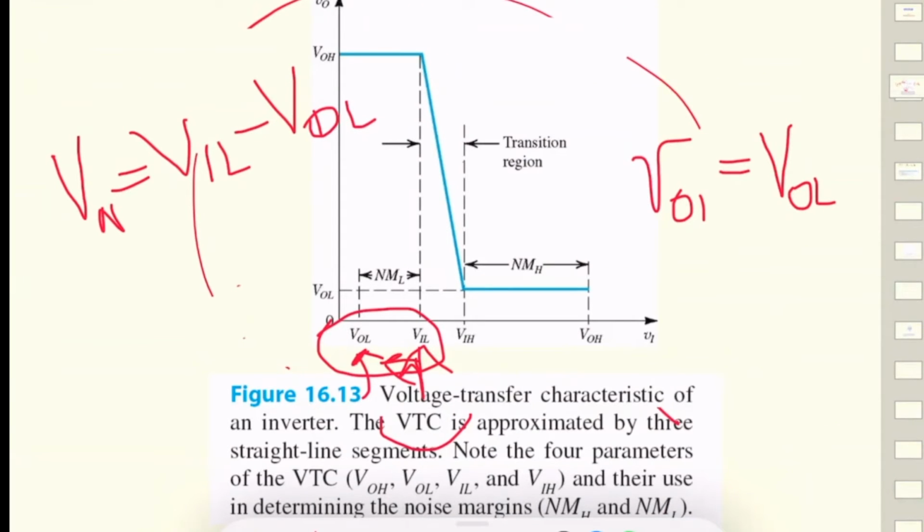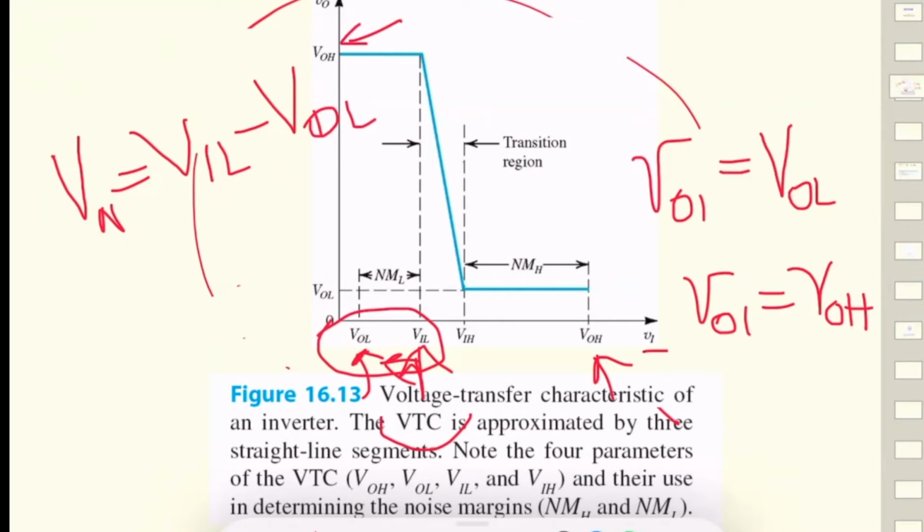And on the higher end, again, if VOL is equal to VOH, that's the extreme value. We can again say G2 will continue to see this as a high input. Sorry, input is high and output is low.